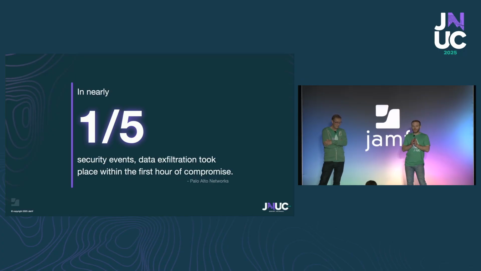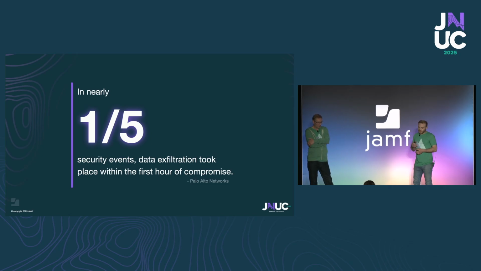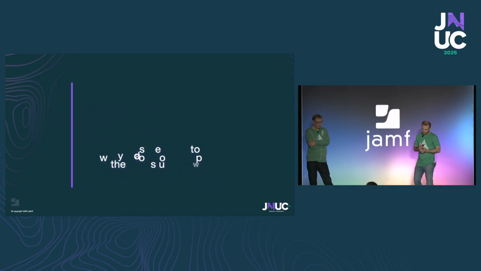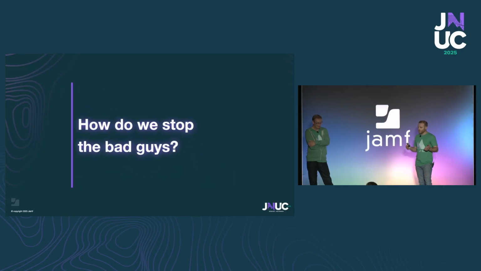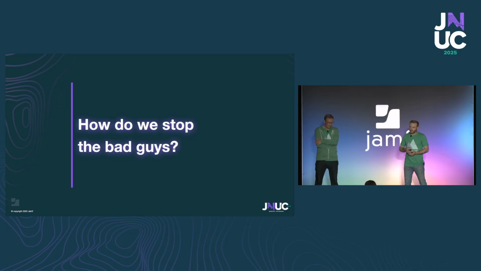Adding to that, in nearly 1 out of 5, or 20% of security events, data exfiltration took place within the first hour of compromise, meaning time is of the essence when a security event occurs. So, we have to ask the question, how do we stop the bad guys quickly and efficiently when a security event occurs?